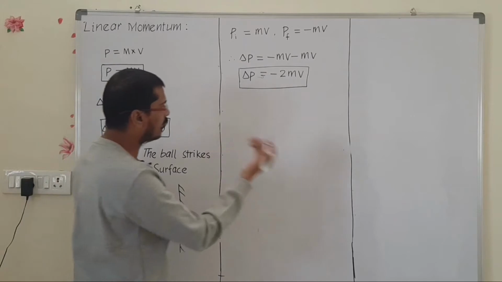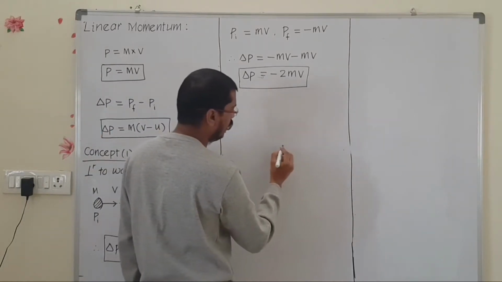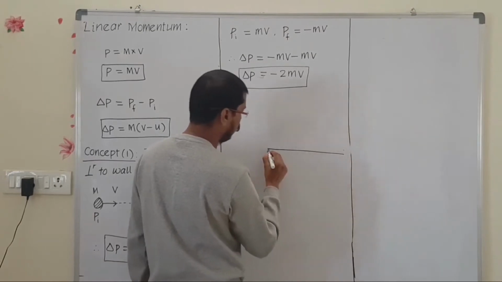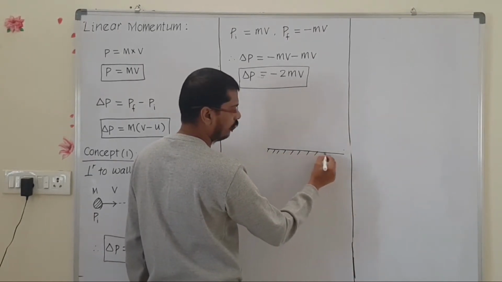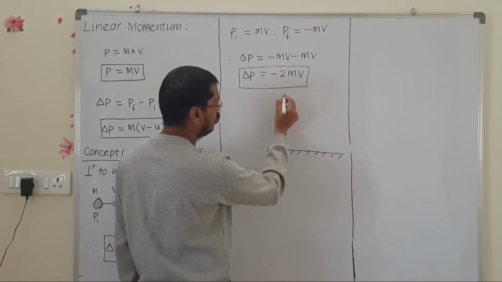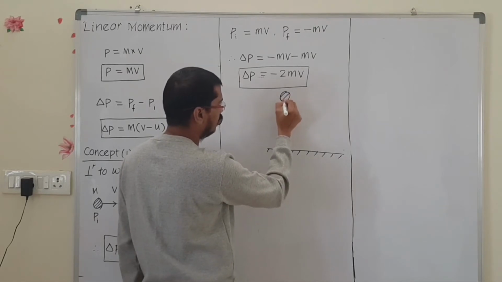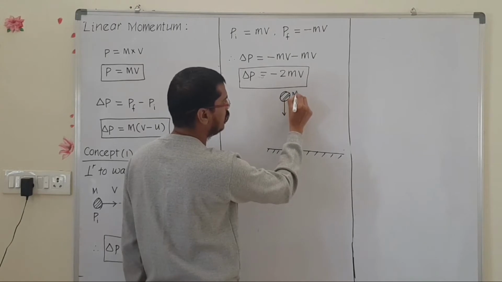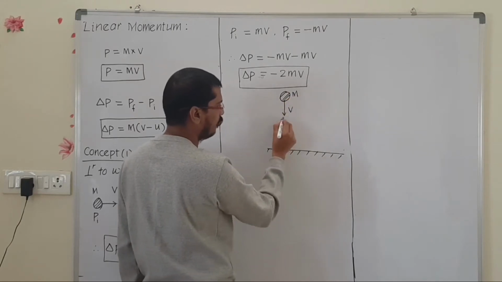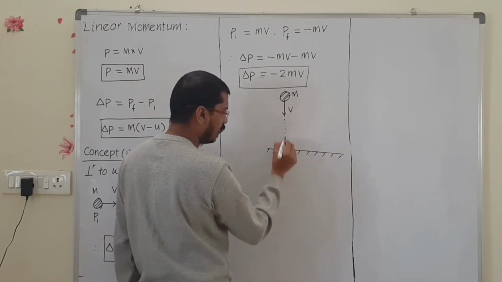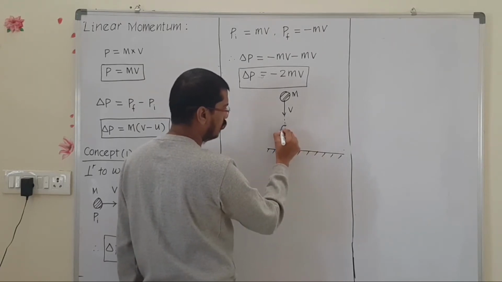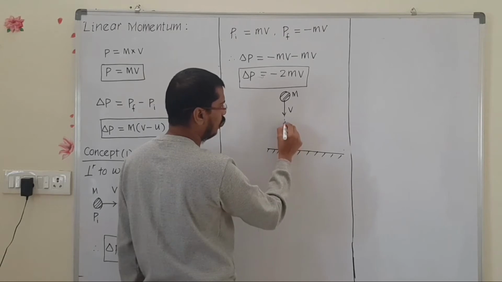We can take another example also. For example, this is a surface. The ball of mass m moves with velocity v, and it strikes, and after striking it rebounds.